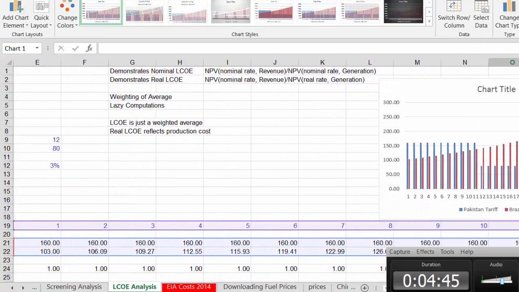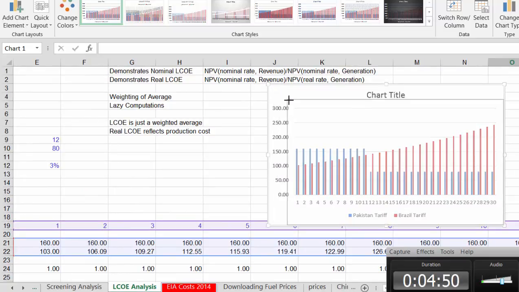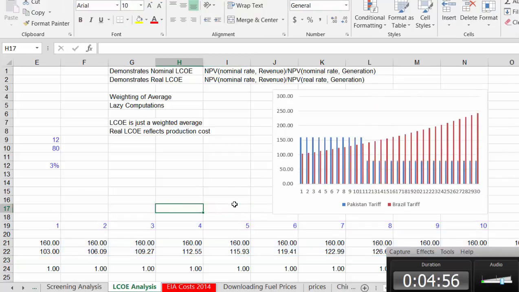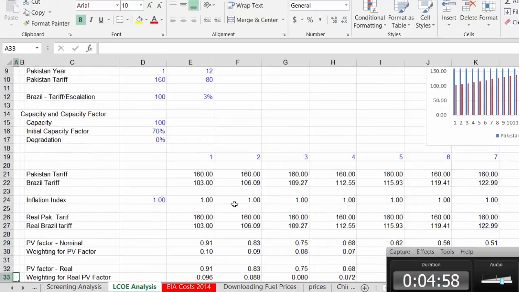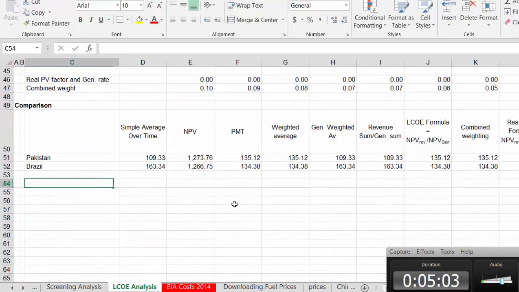Perhaps we'll put it down here. So one tariff goes up, the other one comes down. That's the idea. Now, I did all of these, and I'm going to go back and redo them, and we get a simple average over time.